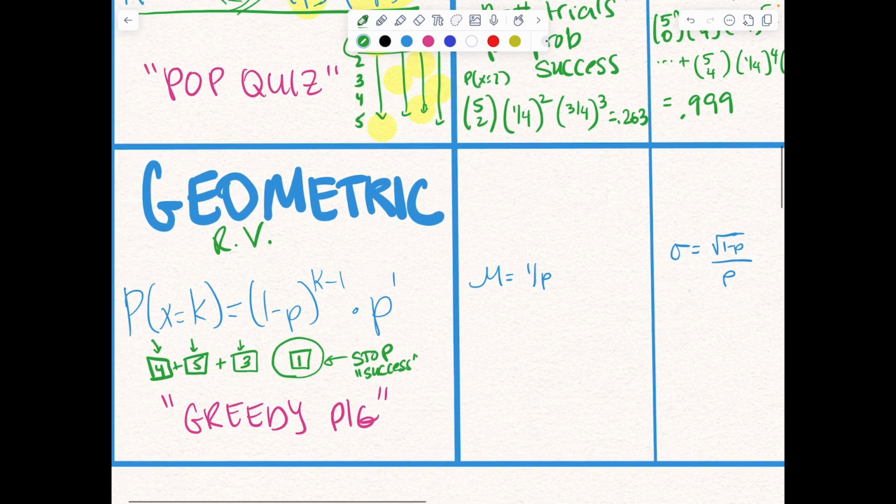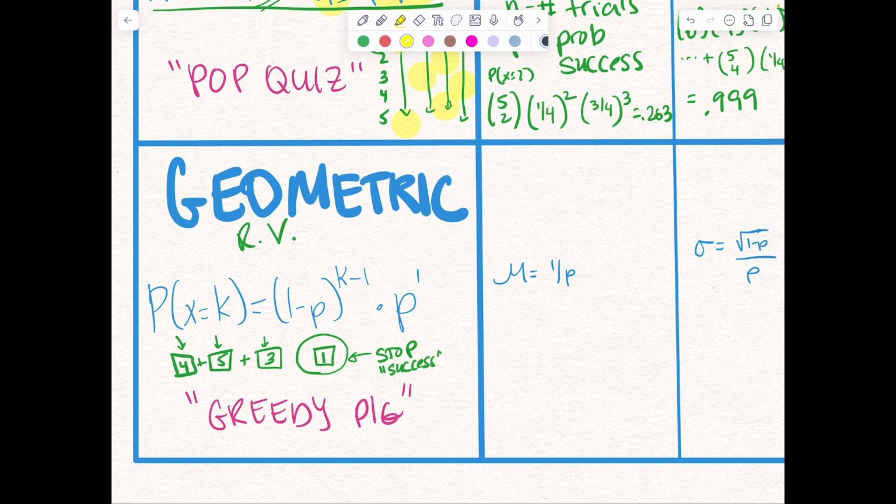All right, the formula for geometric is basically fail, fail, fail, fail, fail, success. There's always one success, and the total number of trials minus 1 fails.